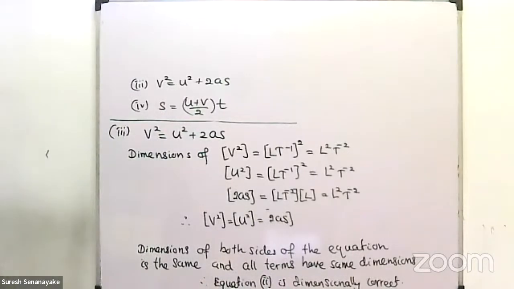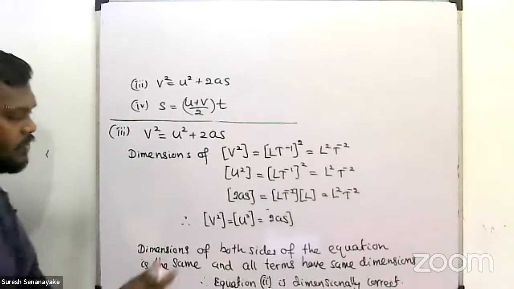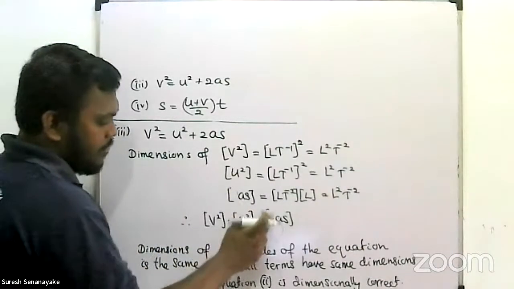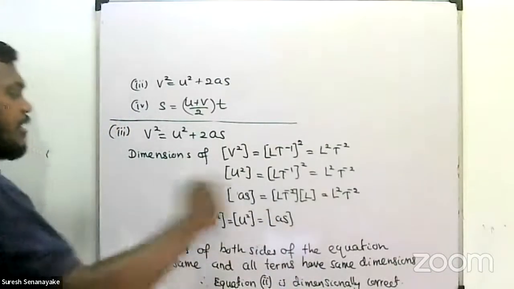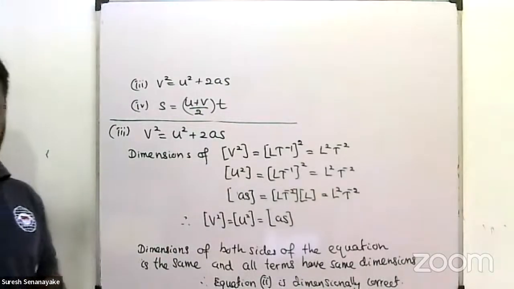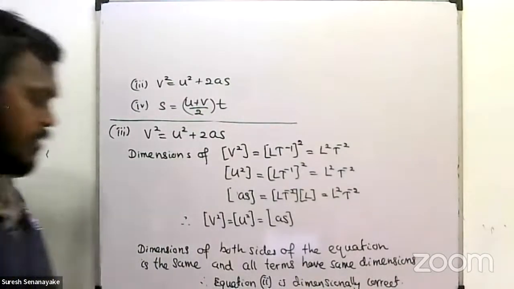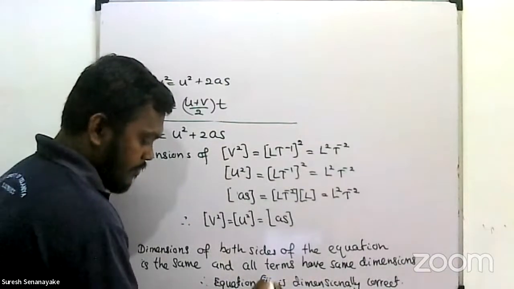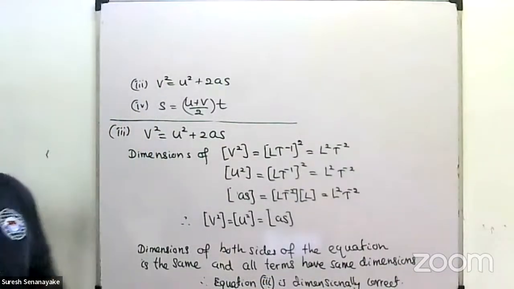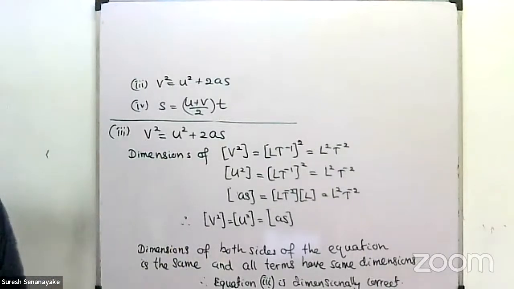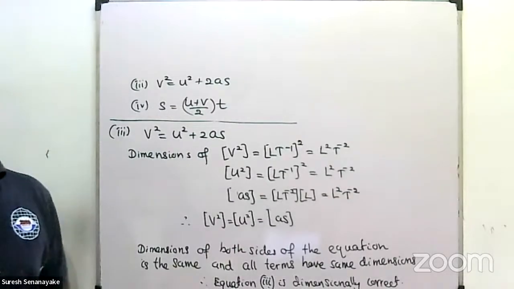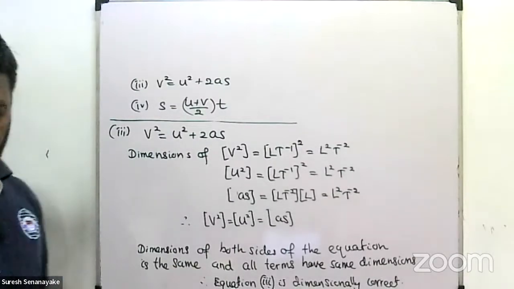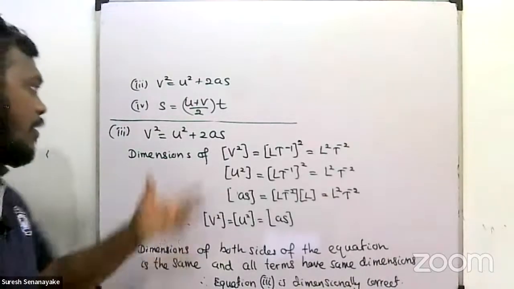It's enough, you don't need to write the number. So both sides of the equation and all the terms have the same dimension. So it's a dimensionally correct equation. You have to write like this. Okay, quickly write, and then the final one.